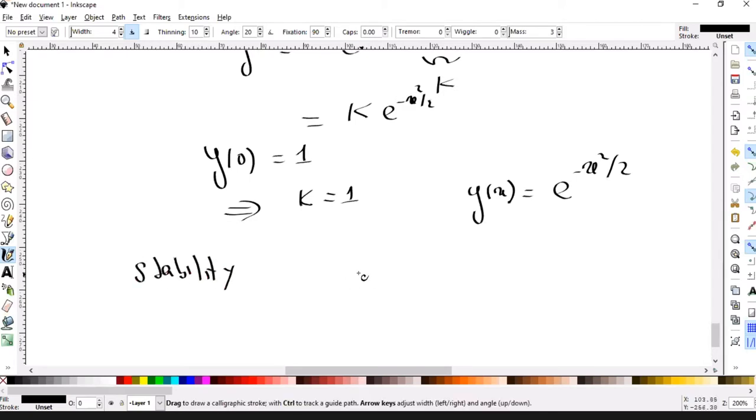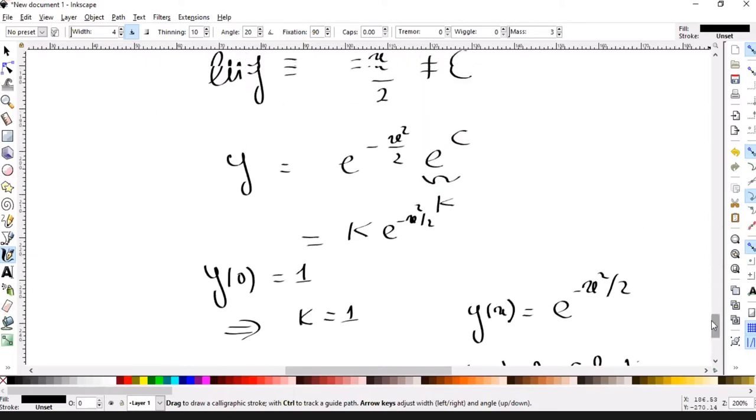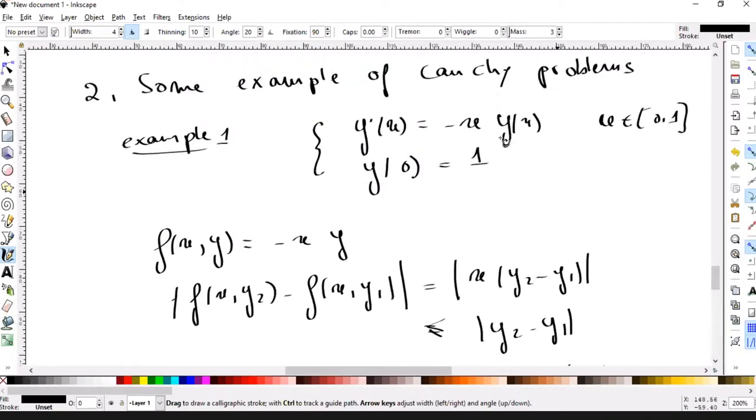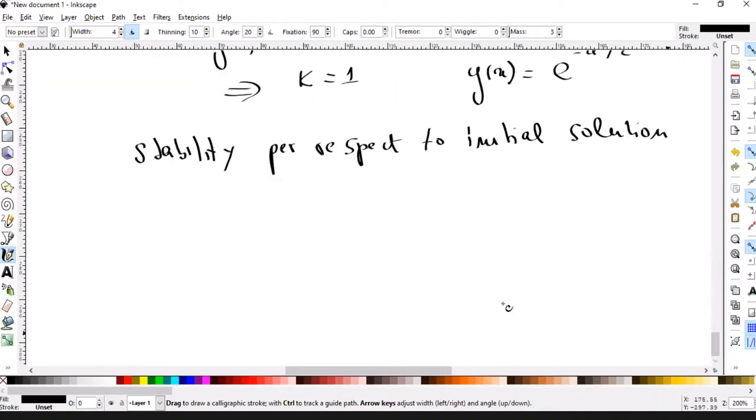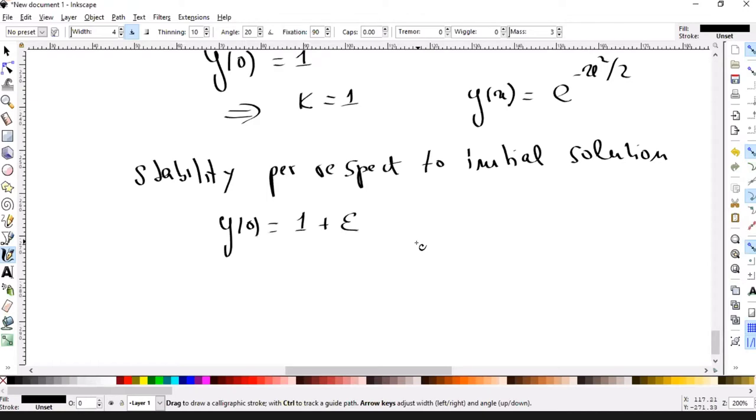you can check now the stability with respect to initial solution. So if instead of y of 0 is equal to 1, I have y of 0 is equal to 1 plus epsilon. And I repeat, the reason why we explore this is because the computer doesn't represent a number with infinite precision.